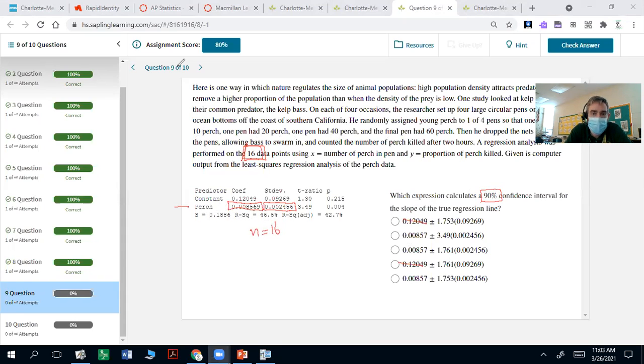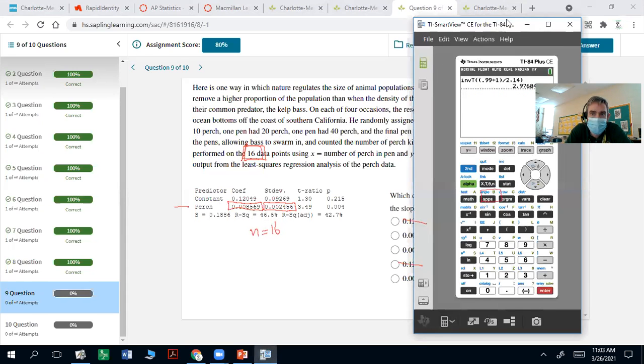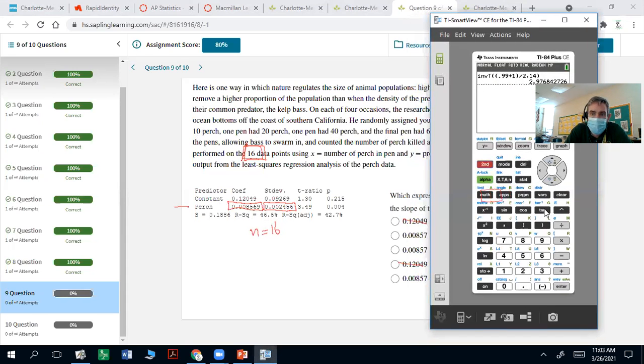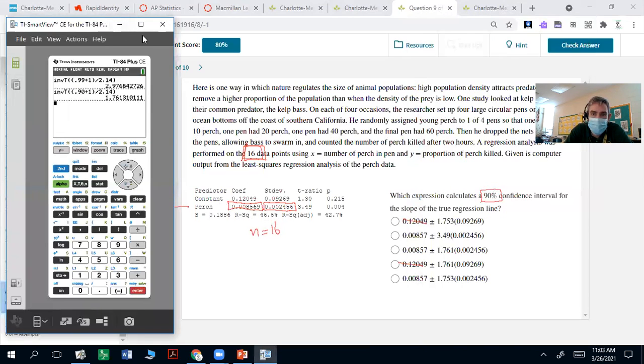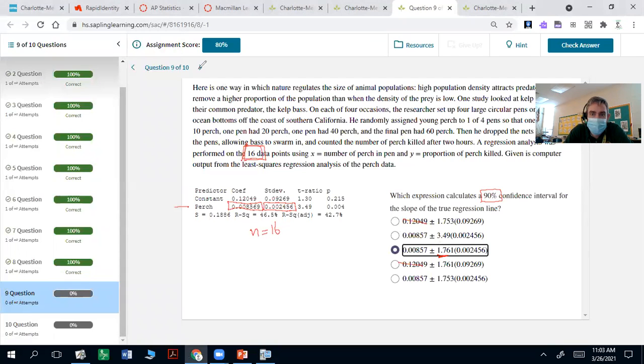All right, I'll go ahead and put it on my calculator. Were you able to figure it out? Let's see. I'm just going to replace that with 0.90 and see what we get. 1.76. So looks like it's going to be the middle one for me. I think yours are all scrambled up, so it should be 1.76 for that. Any questions on that?